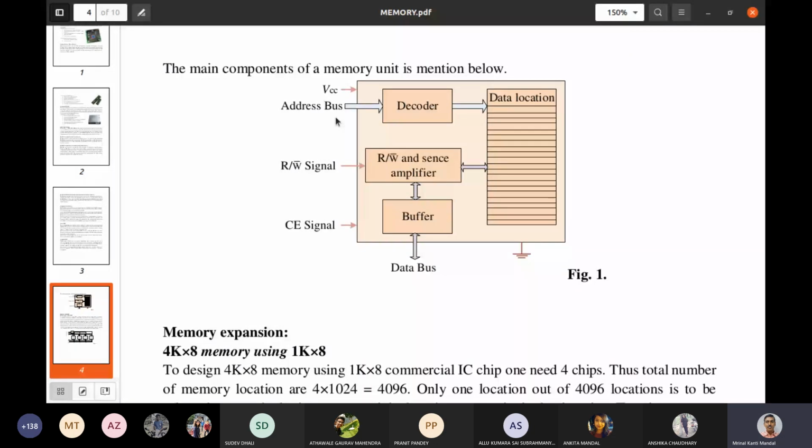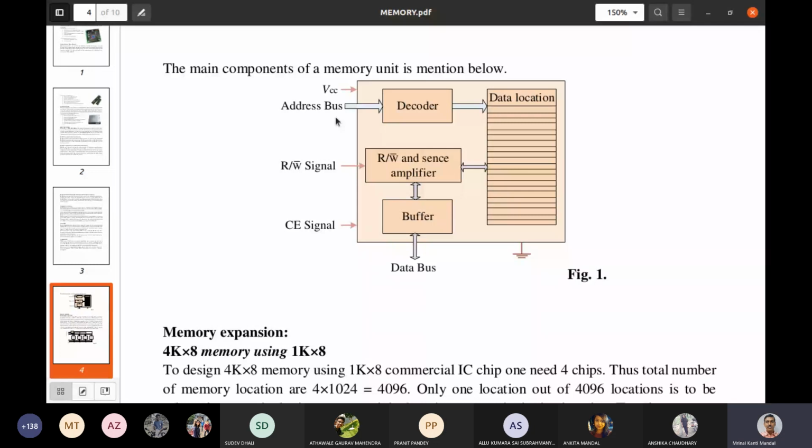The row decoder selects a particular row on which the user wants to read or write the data, and the column decoder will select a particular column on which the user wants to read or write. So by exciting a particular row and a particular column, there will be a single element common to that row and column. That particular element is responsible for reading and writing.